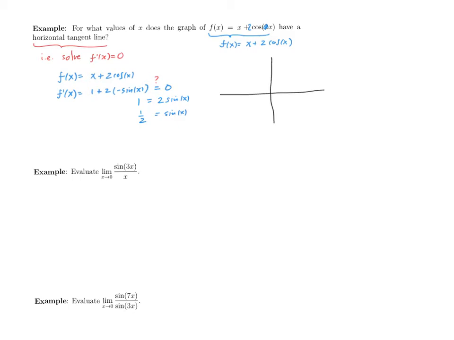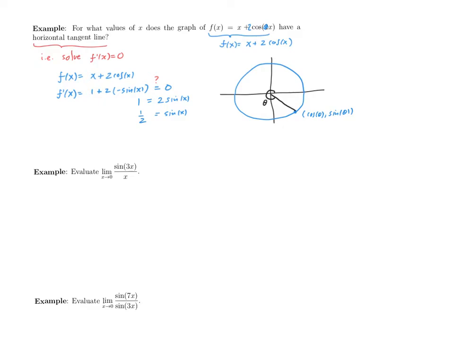Oftentimes when we're thinking about values of trig functions, in particular sine and cosine, we might want to remember the unit circle. Remember, on the unit circle, and I'm going to pick a point down here, every point can be represented in this form: cosine theta, sine theta, where theta is the angle formed coming from the positive x-axis going in that counterclockwise direction.